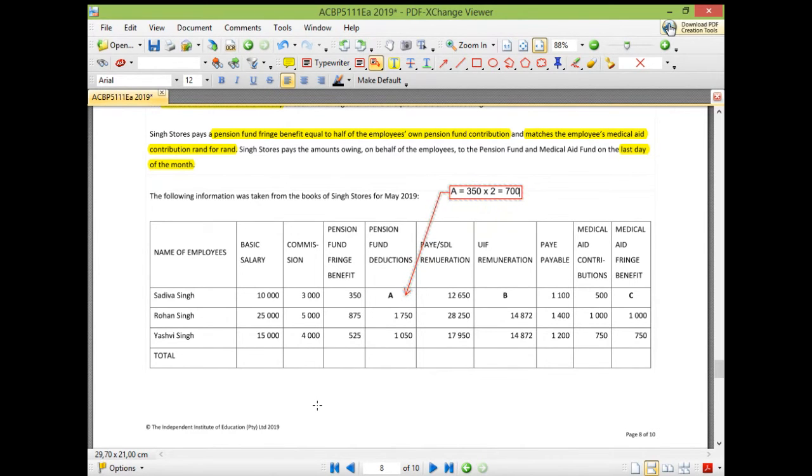But if you earn more than 14,872, you cap it at that amount. Now, because of the fact that Savida earned less than 14,000, her UIF remuneration would be calculated as what? What would her UIF remuneration amount be? What is it made up of?